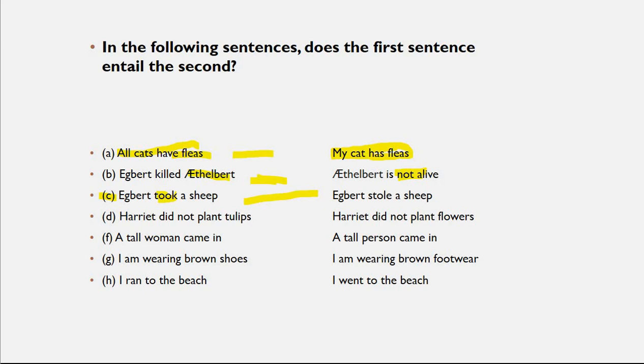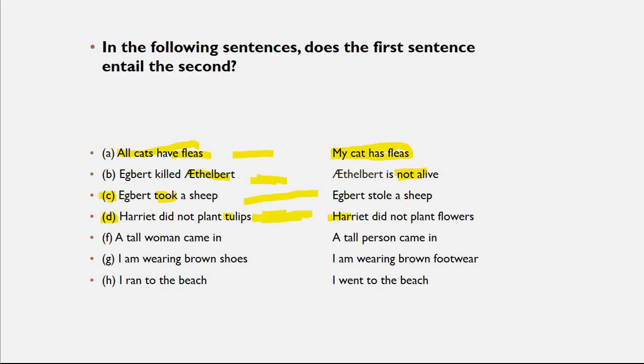Harry did not plant tulips. Harry did not plant flowers. If Harry did not plant tulips, how do we know? Maybe he planted some roses. So there cannot be a claim that the second sentence is correct. This doesn't entail the second sentence, so this is also like C.